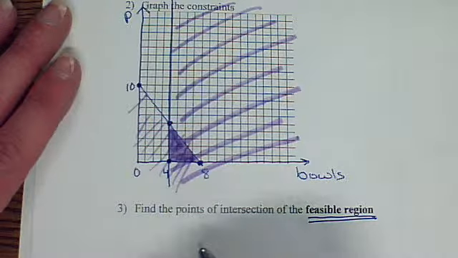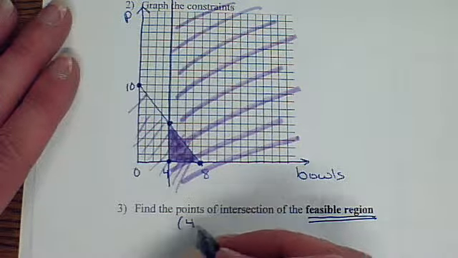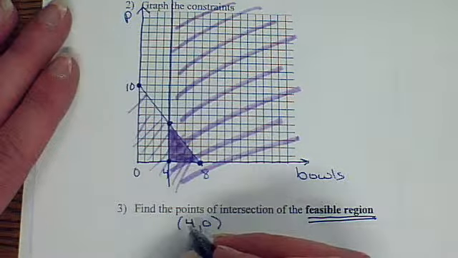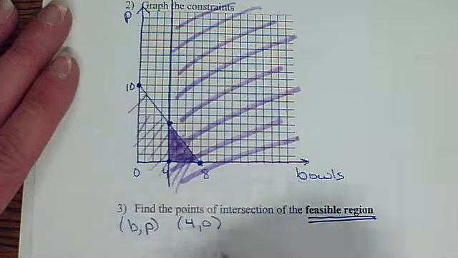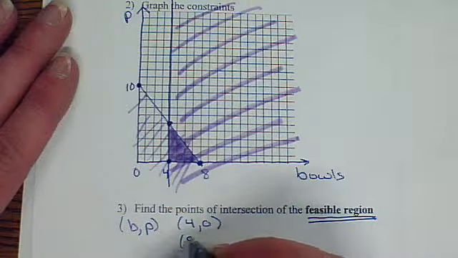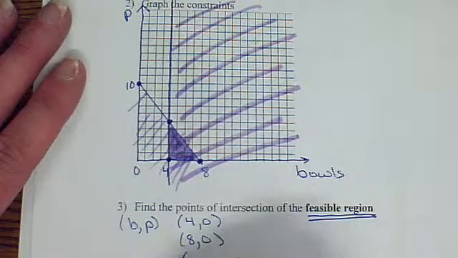So let's write down what those points are. This one is 4, 0. That's really just making that minimum of 4 bowls. And this is bowls and plates. The next one is 8 bowls and 0 plates. The next option is going to be 4 bowls and 5 plates.